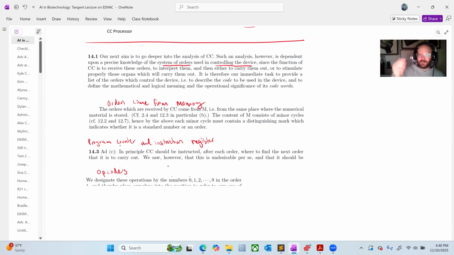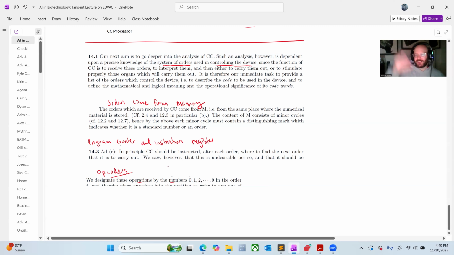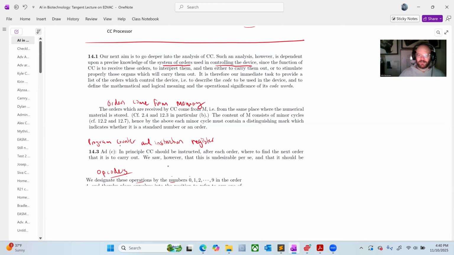And each of those functions gets given what's called an opcode, and he describes the opcode. So essentially, whatever operation it's going to do, whether it's add or subtract or move something or read or write something in memory, it's going to have a number associated with that. So every distinct operation that the computer can do is given a number. And those numbers are stored in memory.